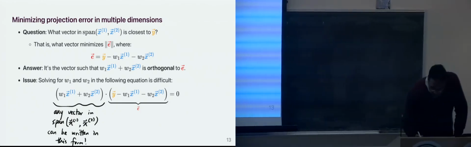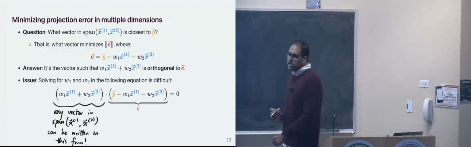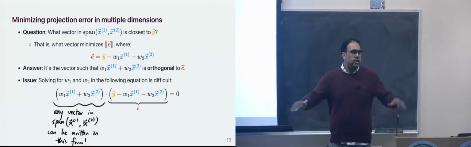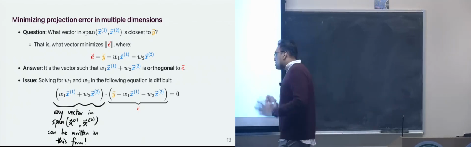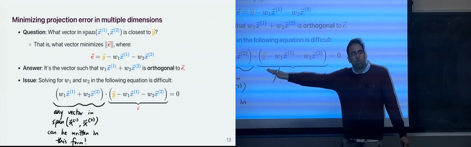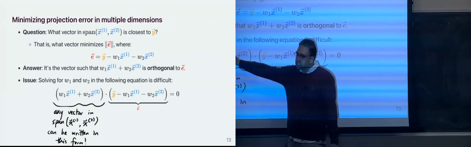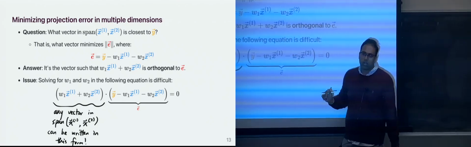And what I've written second is the associated error with that vector. If I choose w1 and w2 as my linear combination coefficients, then the associated error will be y minus that thing that I have up front. And the goal is to make my projection w1 x1 plus w2 x2 orthogonal to its error.